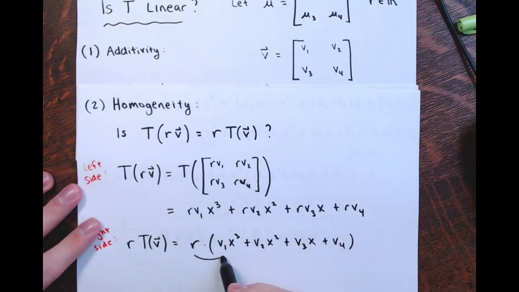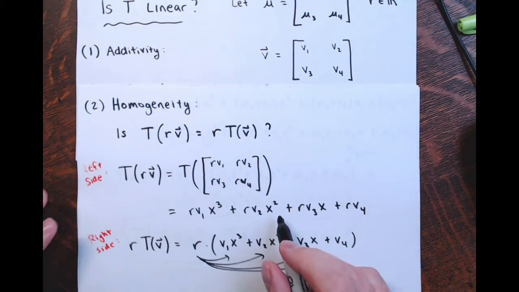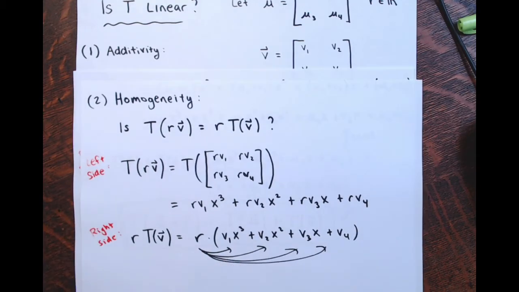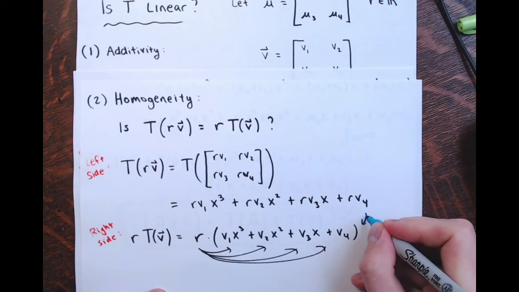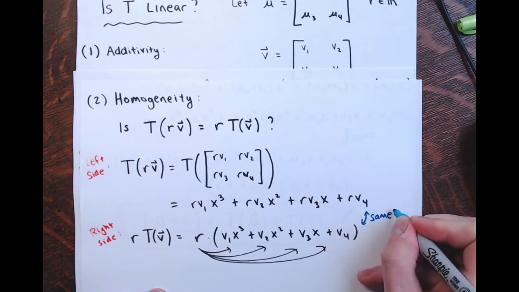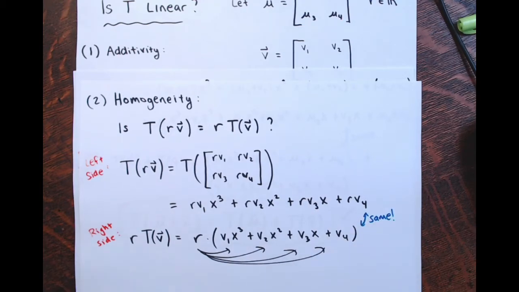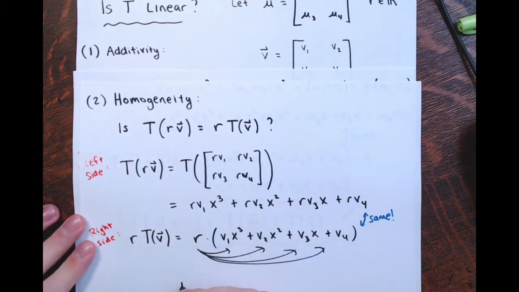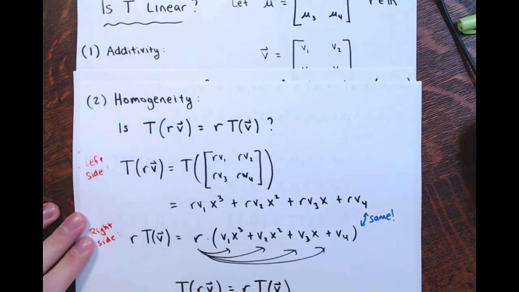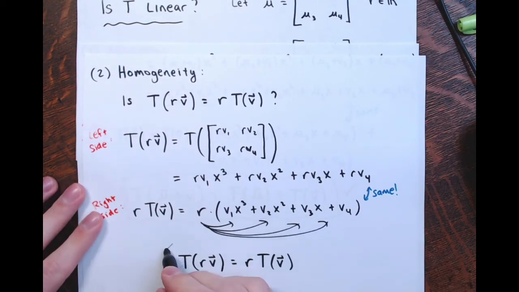And can you see that when I distribute the r here, these expressions are the same? The left side and right side are the same expression. So we do have homogeneity. T of r times vector v is equivalent to r times T of v for any vector v from the domain and any scalar r.